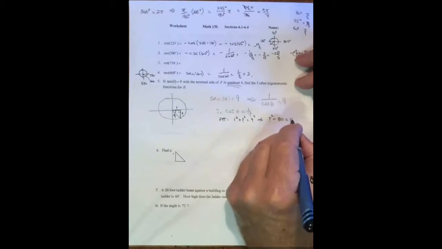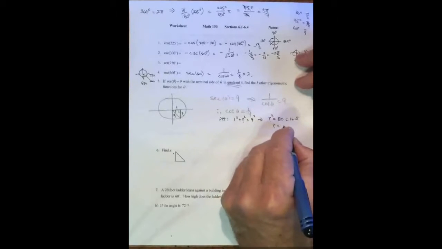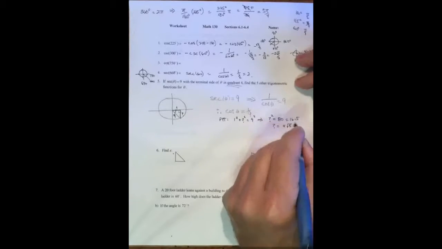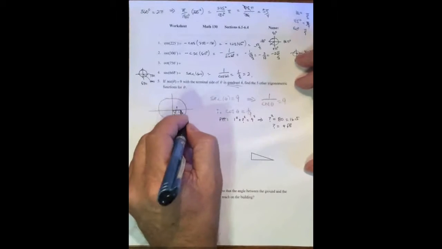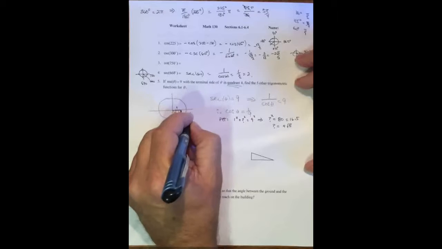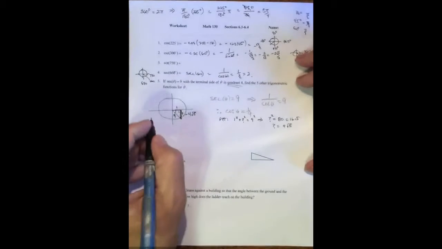Now 80 is 16 times 5. So the question mark has got to be 4 square root of 5. But look at this. This is in quadrant 4, and this side is going to be negative because it's below the x-axis. So this side is a negative 4 square root of 5. And see, now I'm done.